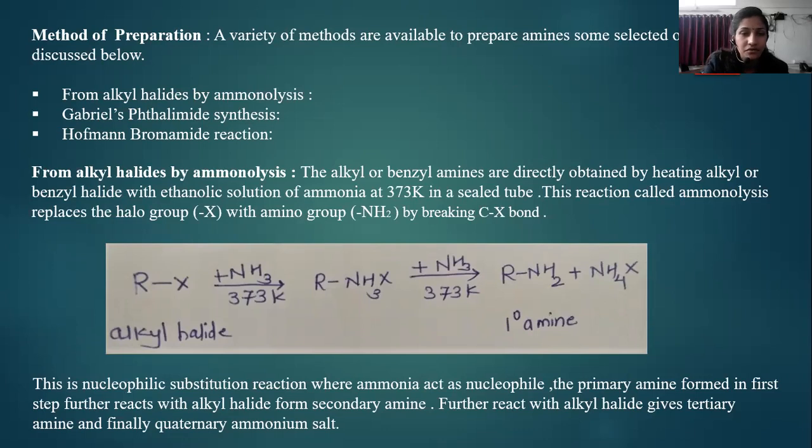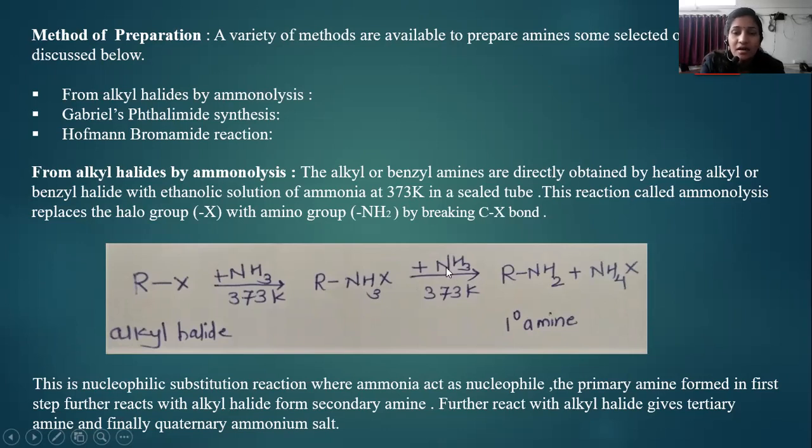The first reaction is shown in the figure. RX in presence of ethanolic solution of ammonia at 373 Kelvin converts the alkyl halide to give the product RNH3X. In this reaction, ammonia binds with the R group and breaks the R-X bond.